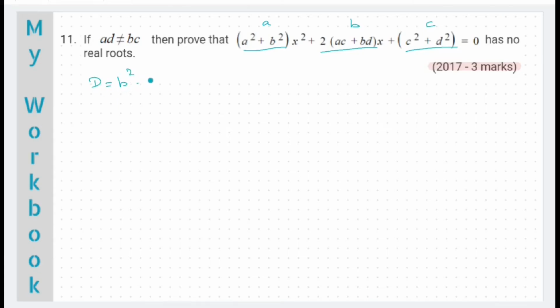B square minus 4ac. So the discriminant is 2 into ac plus bd the whole square minus 4 into a, which is a square plus b square, and c, which is c square plus d square.